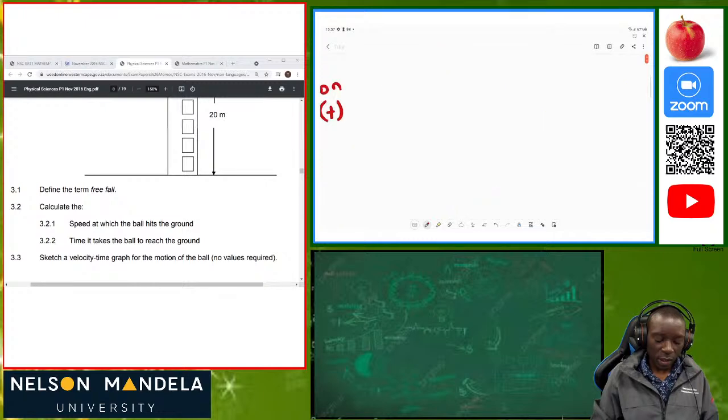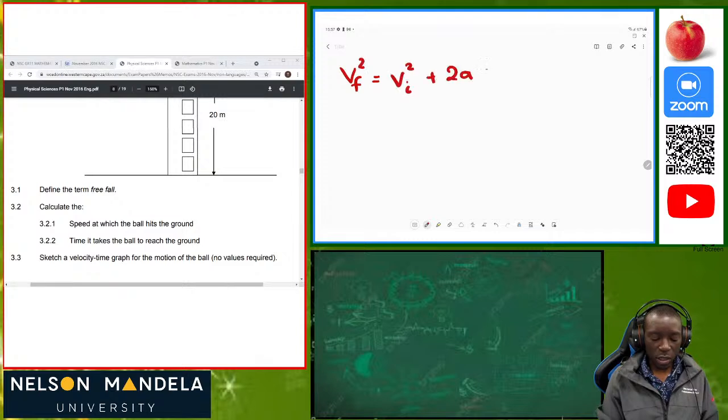Therefore, to find the speed with which the ball hits the ground, that speed Vf, we can use Vf squared equals Vi squared plus 2As, where Vf is what we need to find.